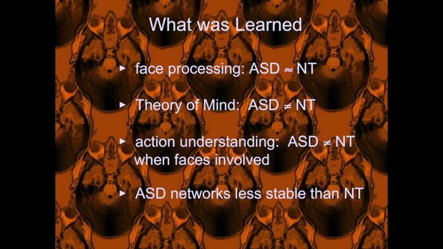So basically, this is a high-level summary. You find that face processing is not very different between individuals with autism and neurotypical individuals. However, both theory of mind and action understanding respond very differently as brain networks than they do in neurotypical subjects.